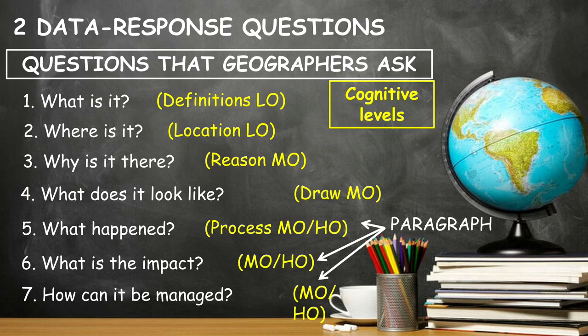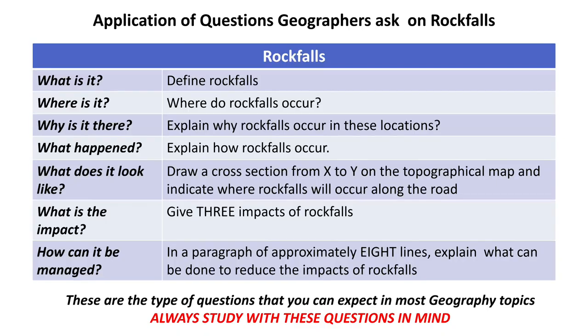Go out, identify these questions in past papers. And you will notice that as one moves from the what is it all the way down to the how can it be managed, your questions become marginally more difficult as we move from our lower order questions all the way to our higher order questions.